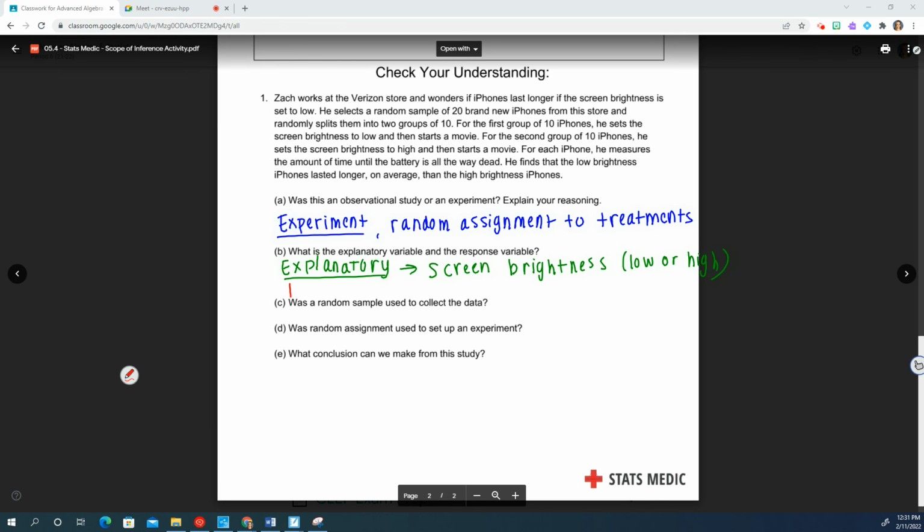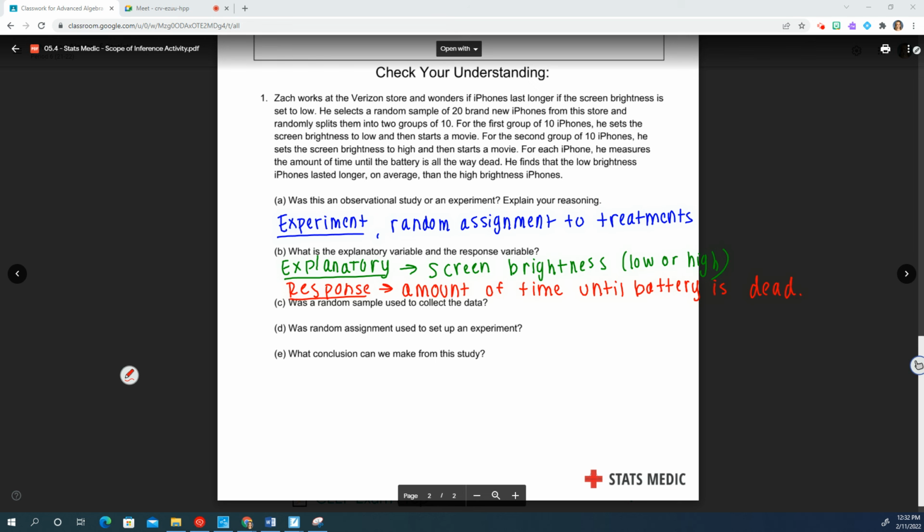The response, what we're measuring, was the amount of time until the battery's dead. Or you can think of it as independent, dependent variable. We're seeing if the amount of time until the battery's dead depends on the screen brightness. So another way to think of it. Okay, good.